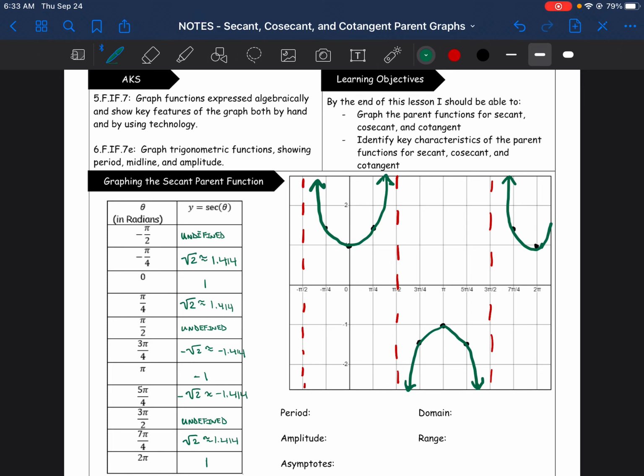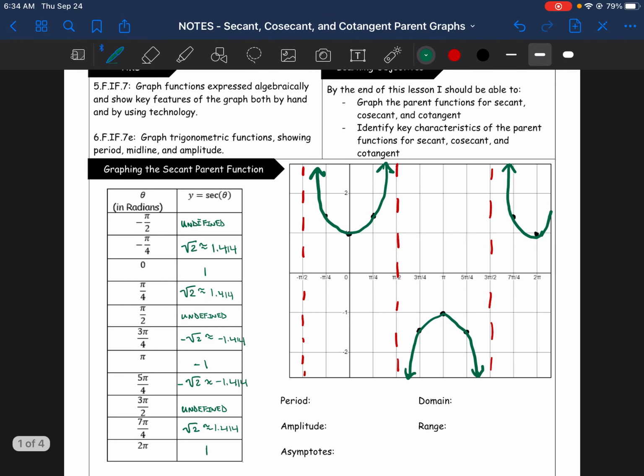Okay, so we get an idea of what's happening here. So these are some interesting graphs, an interesting graph that we get for y equals secant of theta. And let's go ahead and talk about the period, the amplitude, asymptotes, domain, range, all that fun stuff. So for the period, we can look to see where the graph starts to repeat itself.